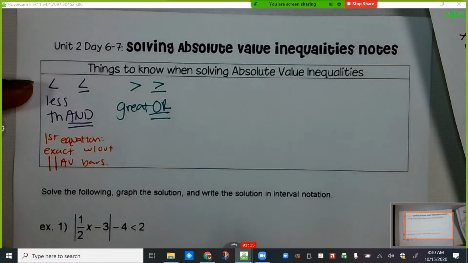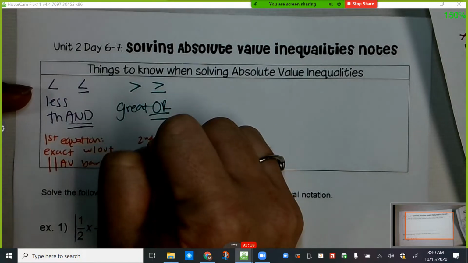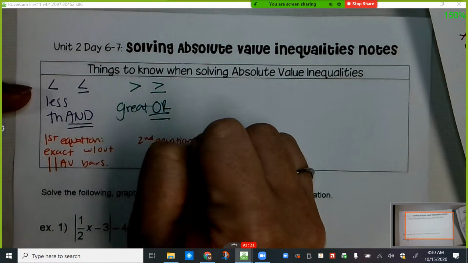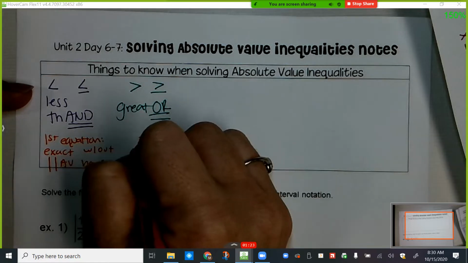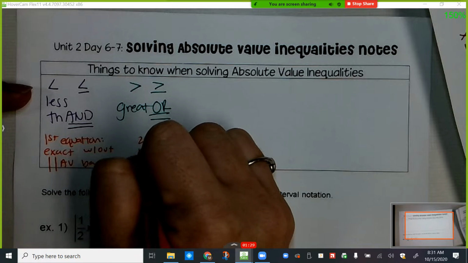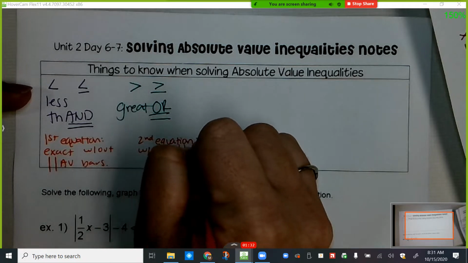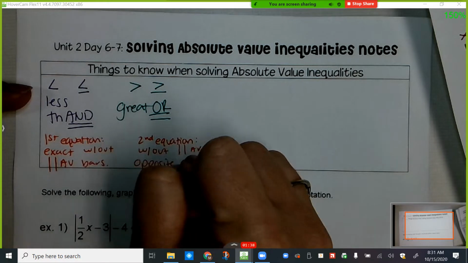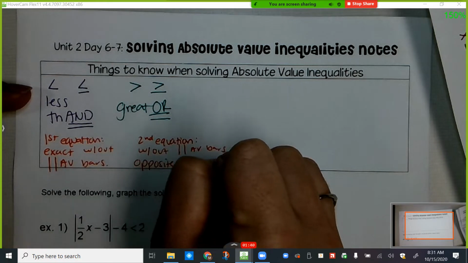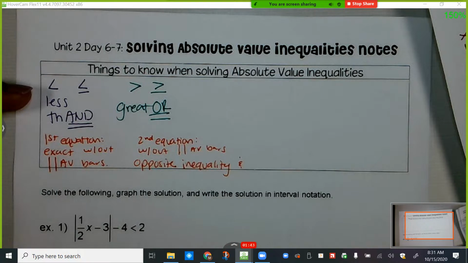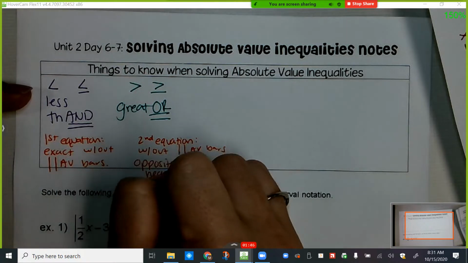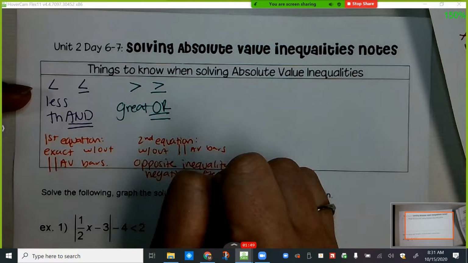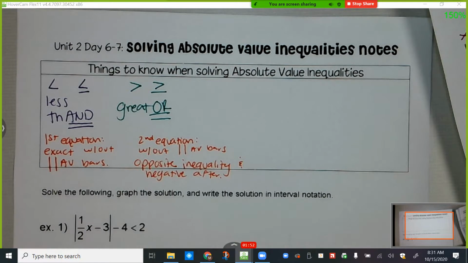Your second equation, without the absolute value bars, you do the opposite inequality and negative after. I mean after that opposite inequality. So remember the first part always stays the same.